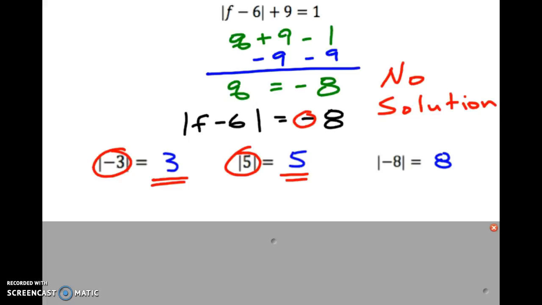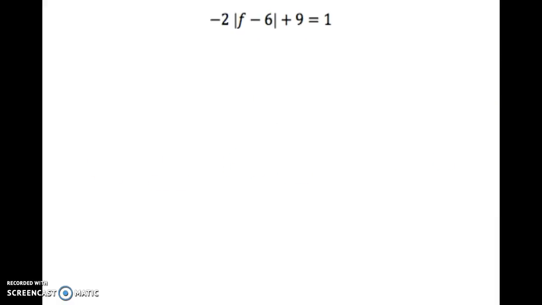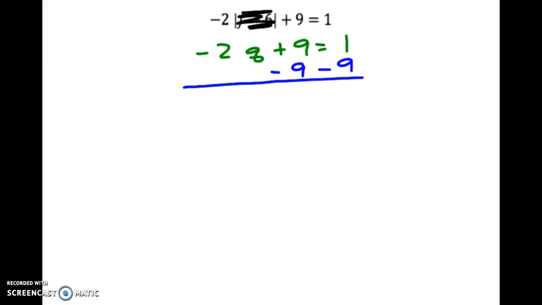Now, before you start crossing off and putting no solution every time you see a negative number, please be aware things can clean up a little bit. If we tweak the last problem just a smidge by putting a -2 out front, if we follow similar procedures, we solve it, we would subtract the 9, at this point, we would hopefully not stop just because we see the -8, because we still have one more step.